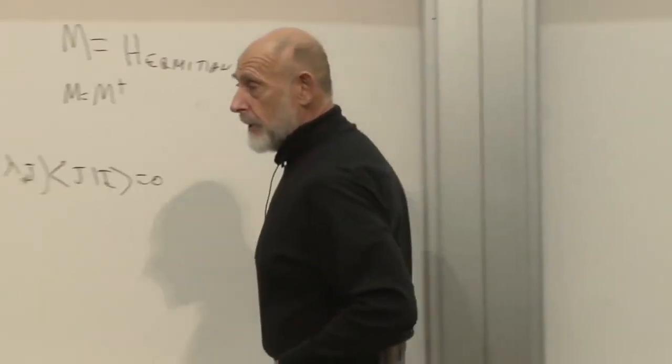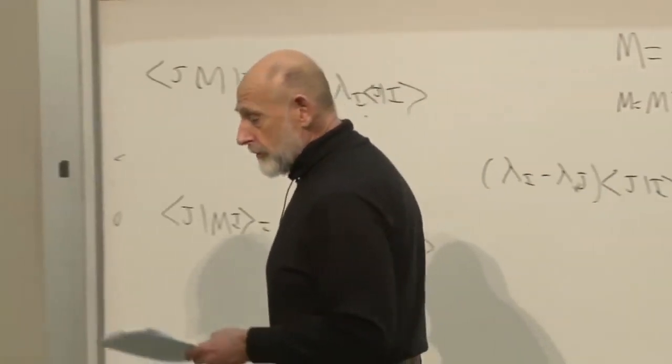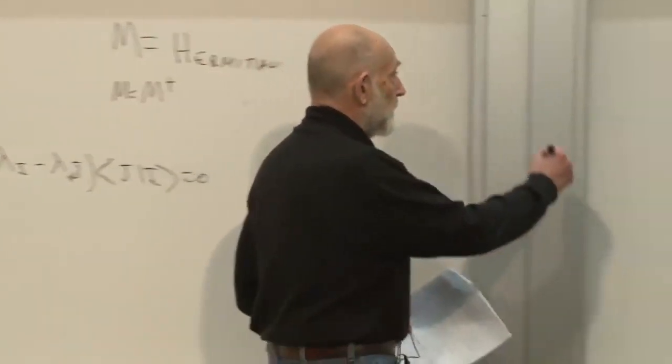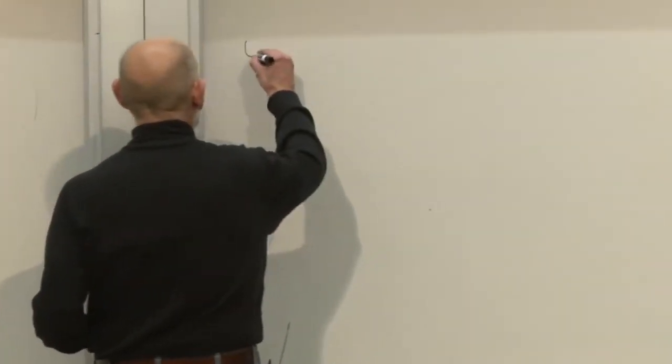The physical measurables are called observables. In quantum mechanics, they're called observables, the things that you can measure. The observables are identified with Hermitian matrices, or Hermitian operators.